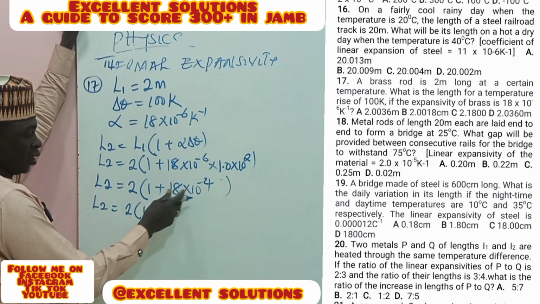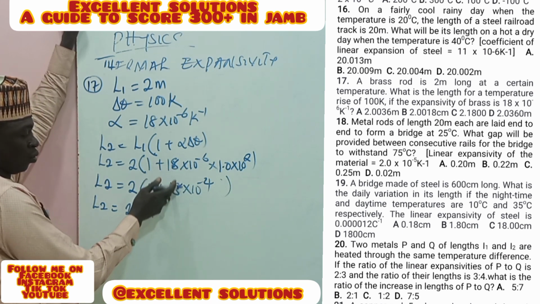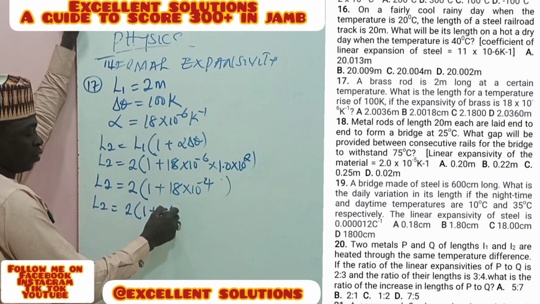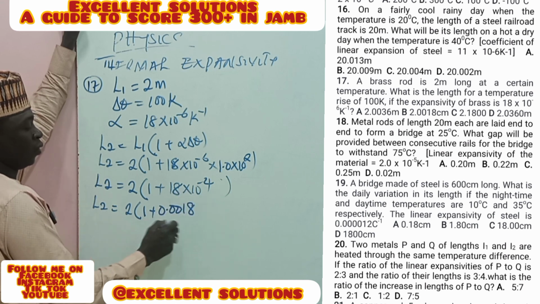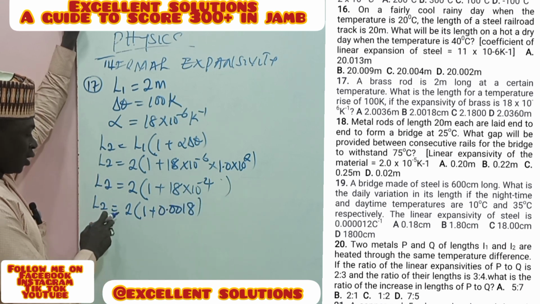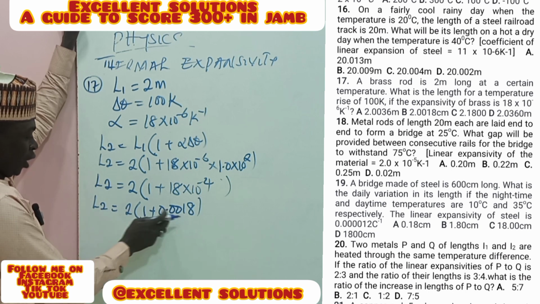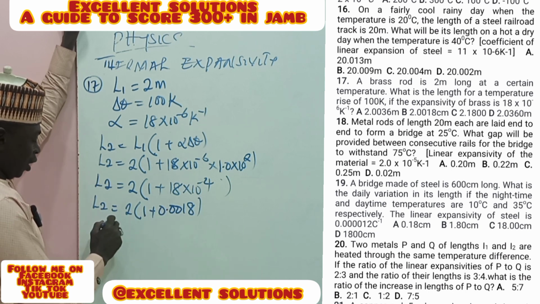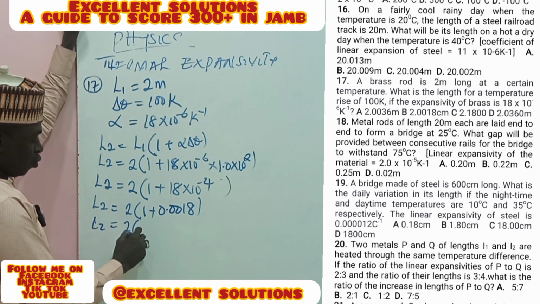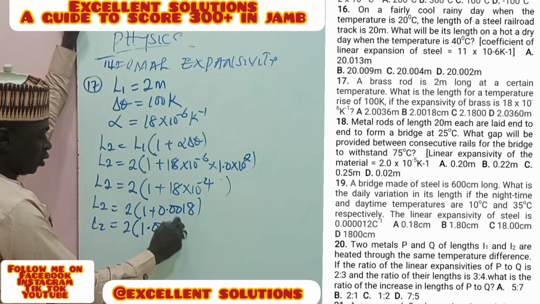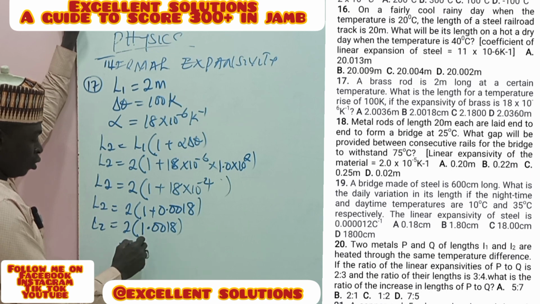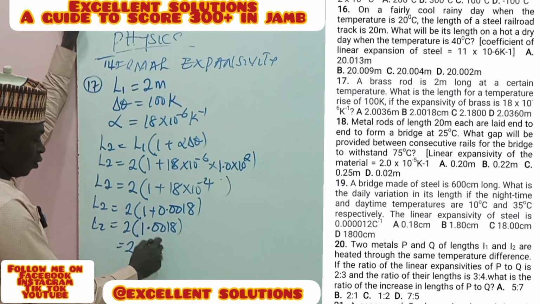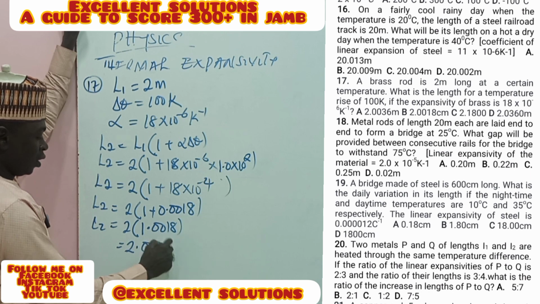This is the same as 0.0018, counting 1, 2, 3, 4 places. Adding 1 plus 0.0018, we have L2 equals 2 open bracket 1.0018. Multiplying 2 by 1 we have 2, and 2 times 0.0018, we have 0.0036.